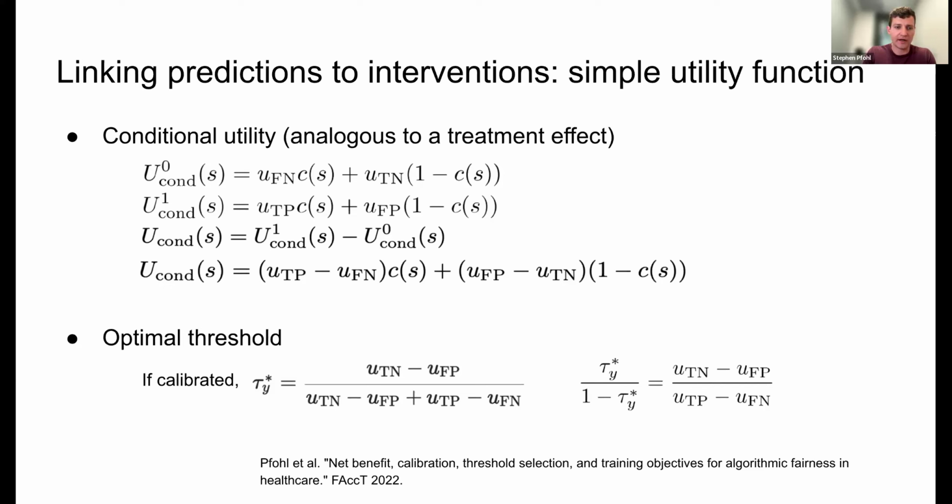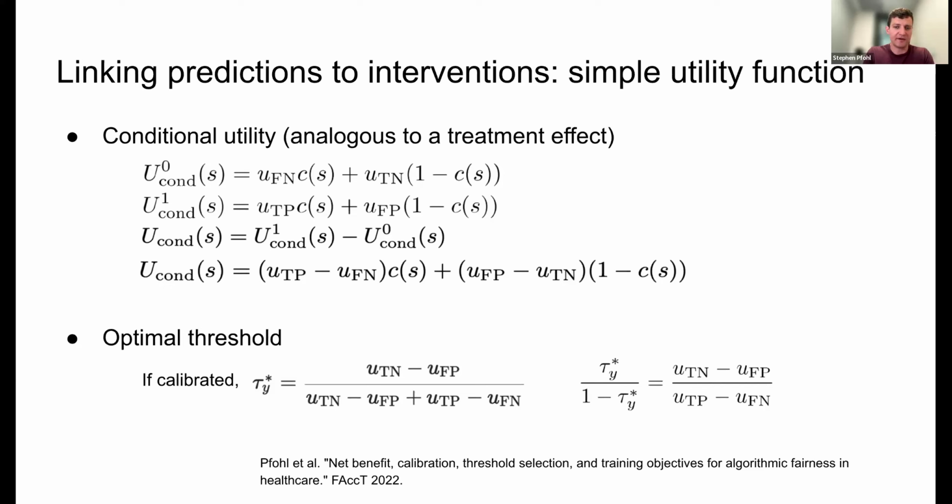And so to begin, in the most simple case, you could assume something like a simple utility or cost function, where you have some fixed value associated with each cell of a confusion matrix. That is, for each of a true positive, false negative, or true negative.